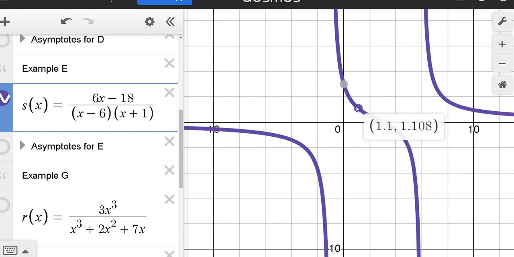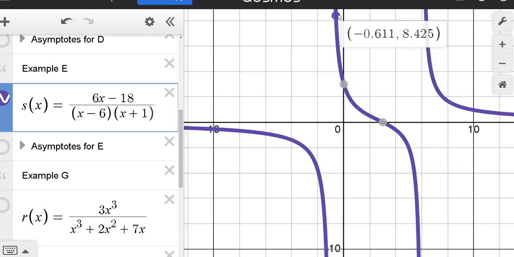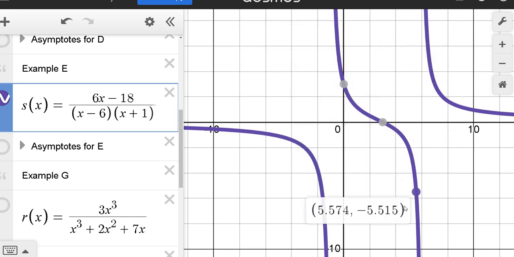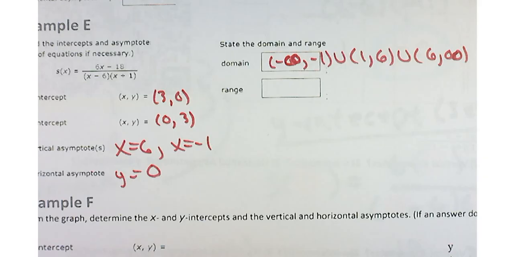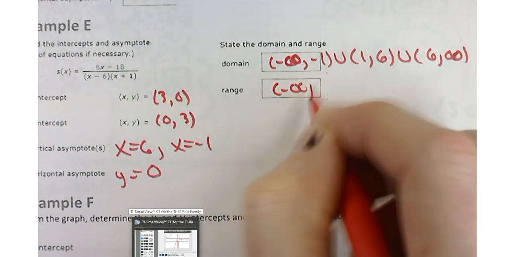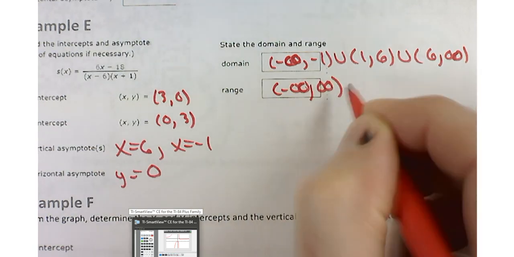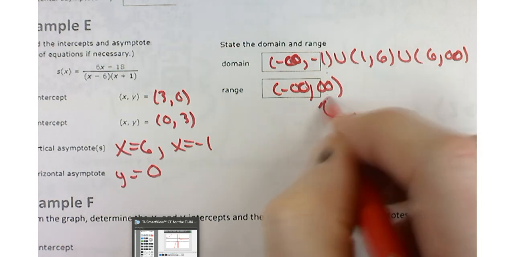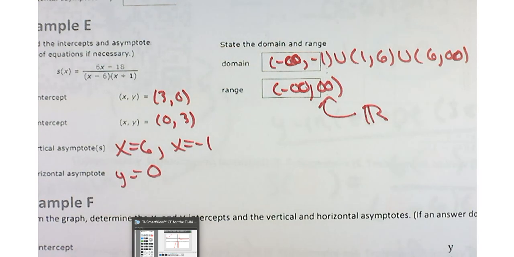But because I've got this middle piece, this graph will go all the way up to positive infinity and all the way down to negative infinity. In other words, your range is all real numbers, so negative infinity to infinity. How do you get that extra point for an answer like this on the exam? Capital R, that script R. That's basically math speak for all real numbers.